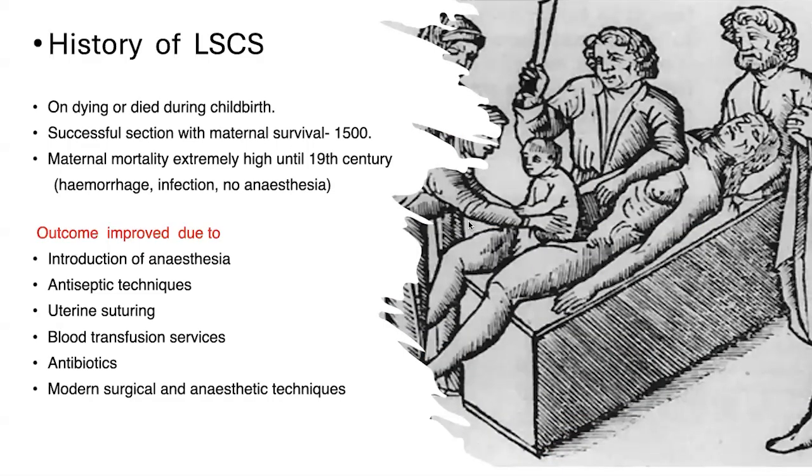With the introduction of anesthesia, antiseptic techniques, uterine suturing techniques, blood transfusion services, and antibiotics, things became better and the mortality rate reduced. Currently, modern surgical and anesthetic techniques have made lower segment cesarean sections a very safe procedure.